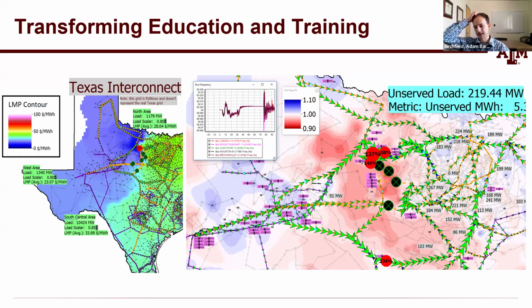And then the one on the right is a dynamics analysis. And then we've even got it set up in a real-time environment where students get to sit in the operator's seat and try to prevent a blackout in this hypothetical scenario on the Texas grid. So education and training.